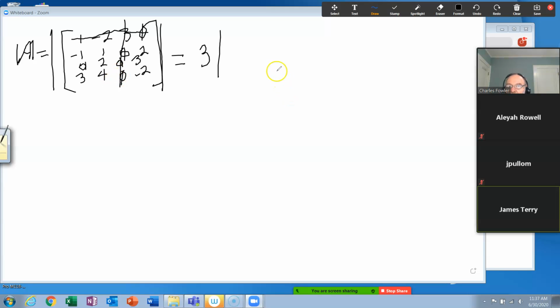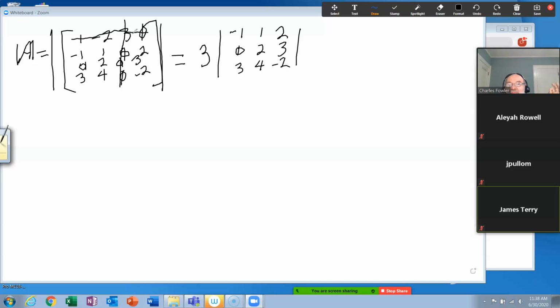The determinant you have left is minus 1, 1, 2, 0, 2, 3, 3, 4, negative 2. Everybody see what I'm doing? That's all, folks, of your first step, because the other 3 entries here are all zeros. So you only have to deal with that first one.